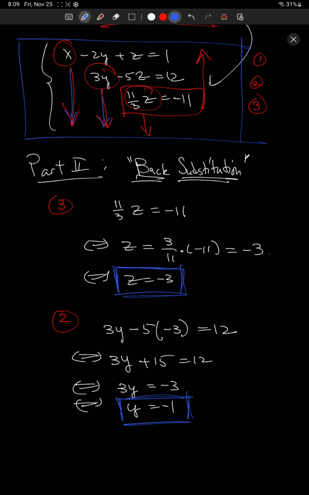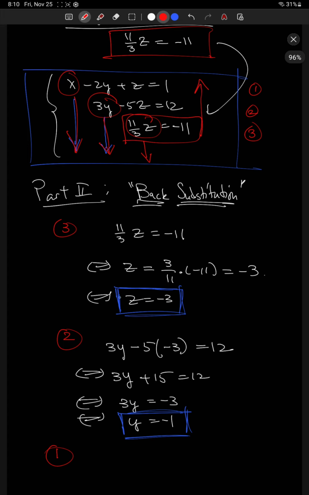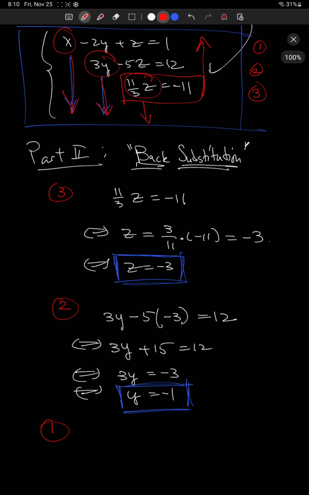Now that we have y and z, we go up to the next level, which is equation 1. As you'll notice, equation 1 has x's, y's, and z's, but we know z and we know y. So if we put in z equals minus 3 and y equals minus 1, we can get x, because x will be the only variable left.